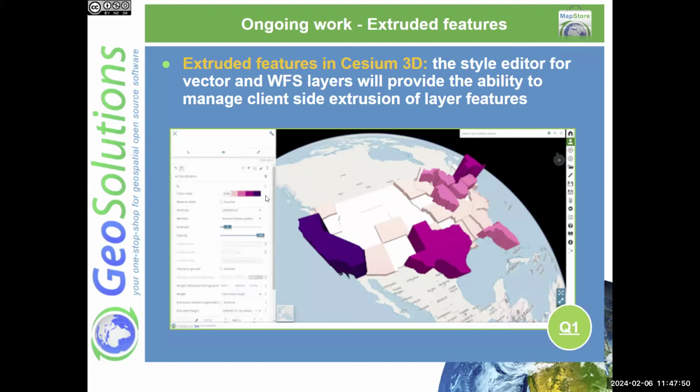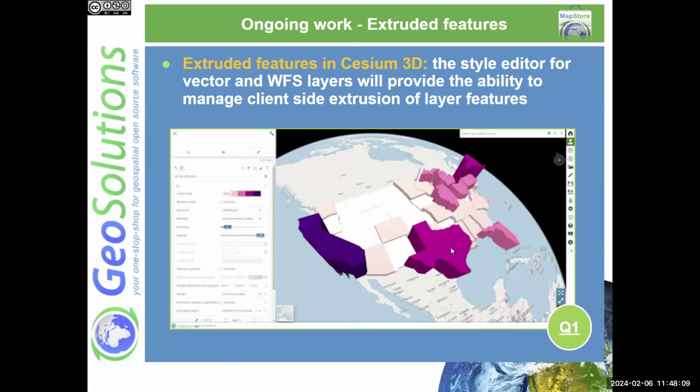So for example, if the feature has a color information or an altitude information, you can use that. In this case, we use the worker count to extrude the surface.